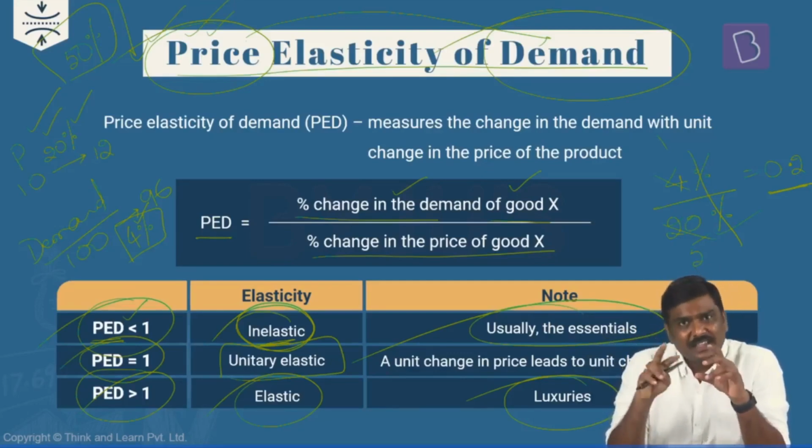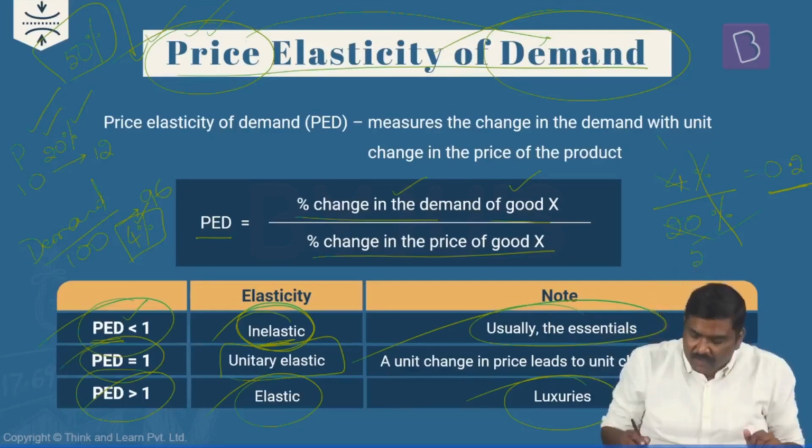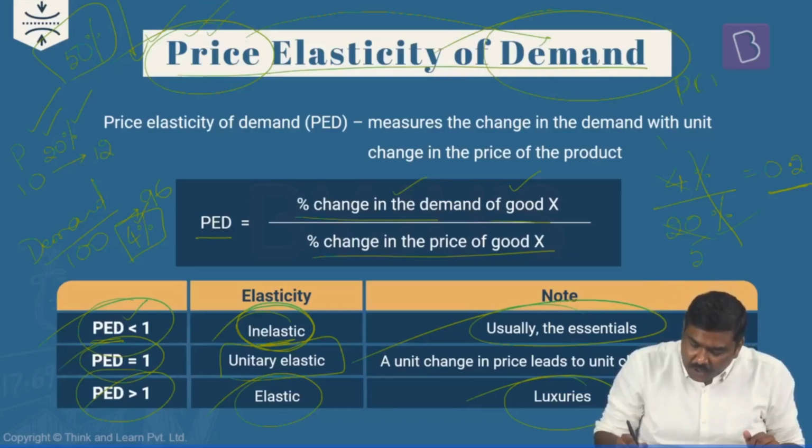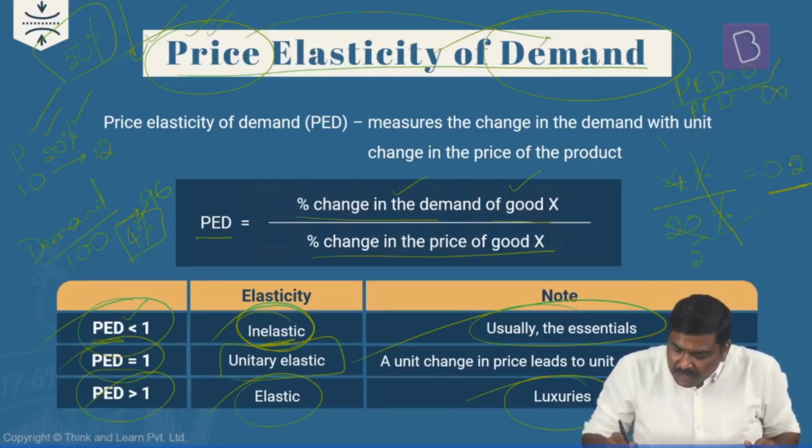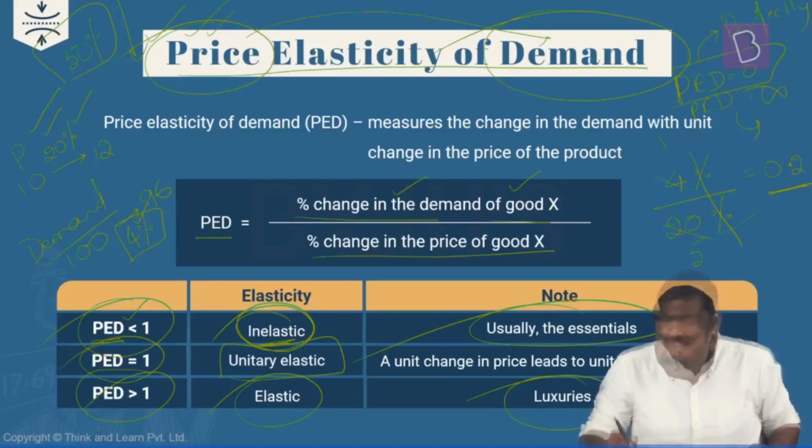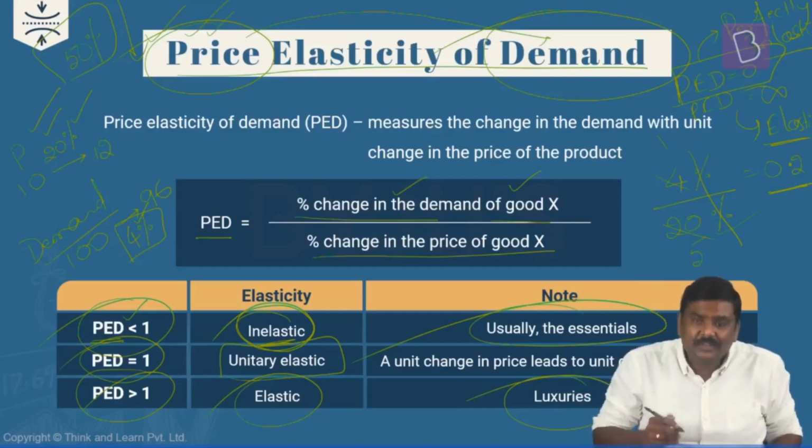Generally, you will have these representations when PED is equal to 0 and PED is equal to infinity. Whenever PED is equal to 0, we'll refer to this as perfectly inelastic, and this one perfectly elastic. What is the meaning of this? But how do we arrive at PED equal to 0? Let's have a look at this.